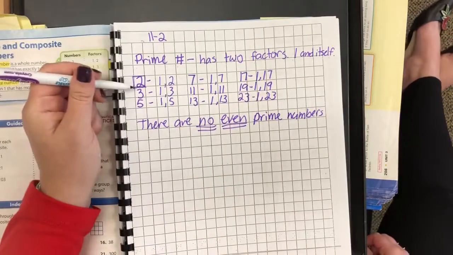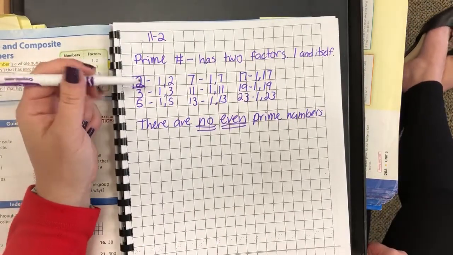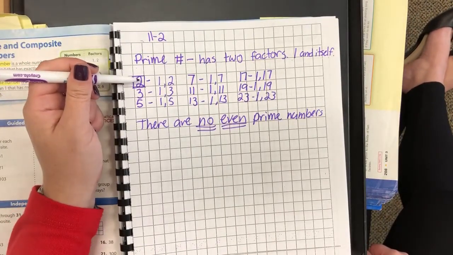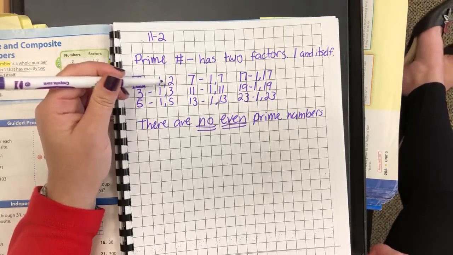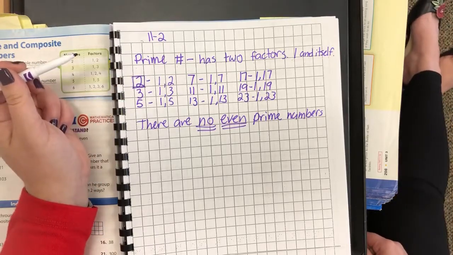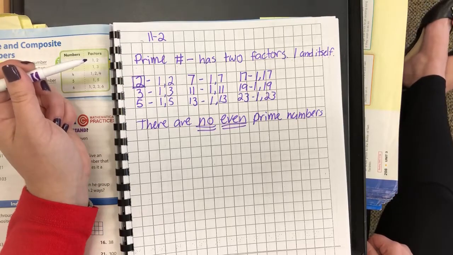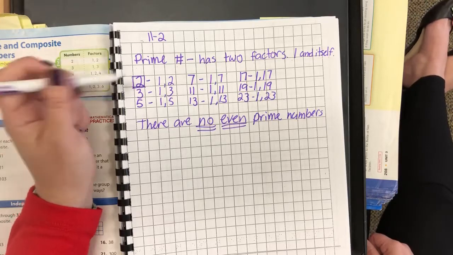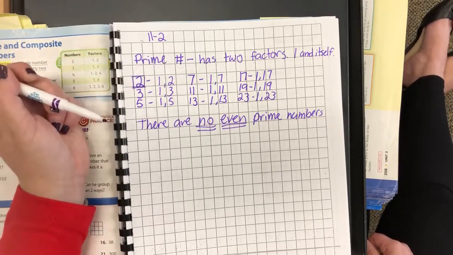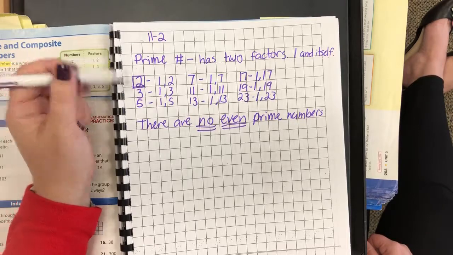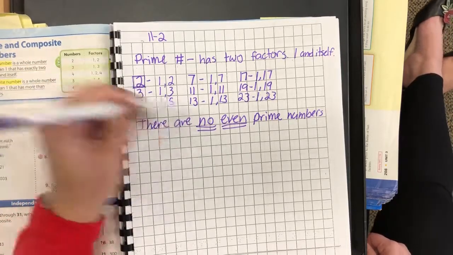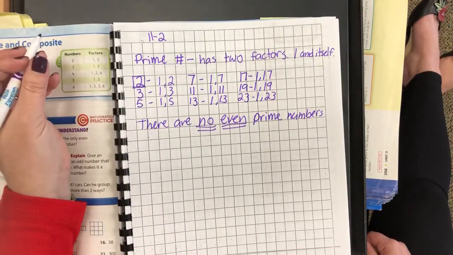Again, except for 2, because it's such a small number that it can only possibly have 2 factors. So even or not, it still meets the criteria for being a prime number. But other than 2, there are no prime numbers that are even.